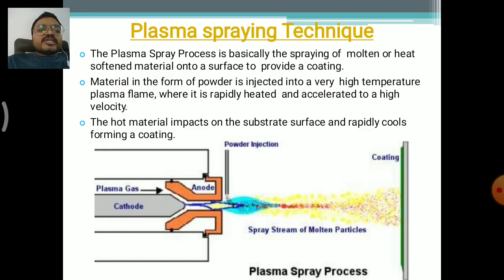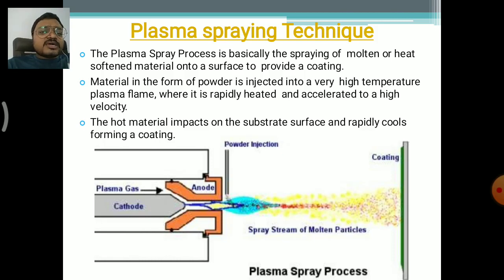Then this material is formed in the form of powder and is injected into a very high temperature plasma flame, that is the plasma gas form, where it is rapidly heated and accelerated to a high velocity. So you can see the yellowish color. It is the spray used as the shield coating.